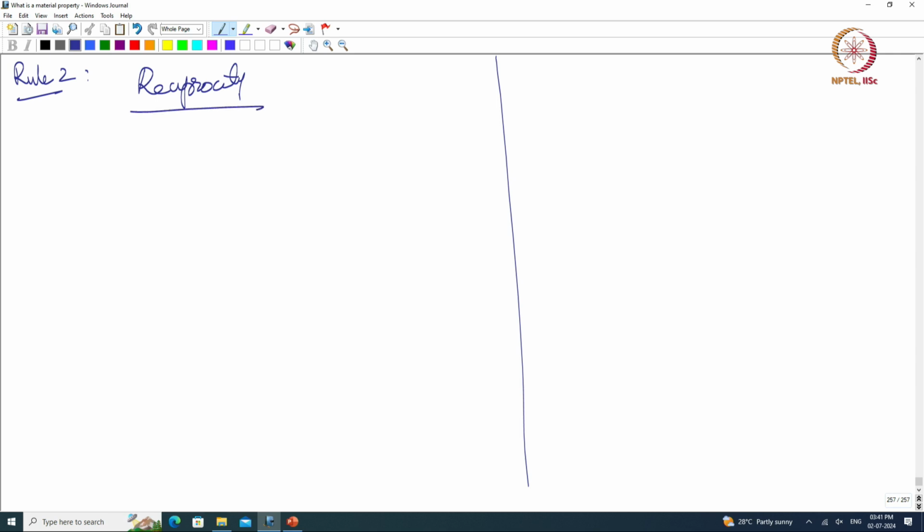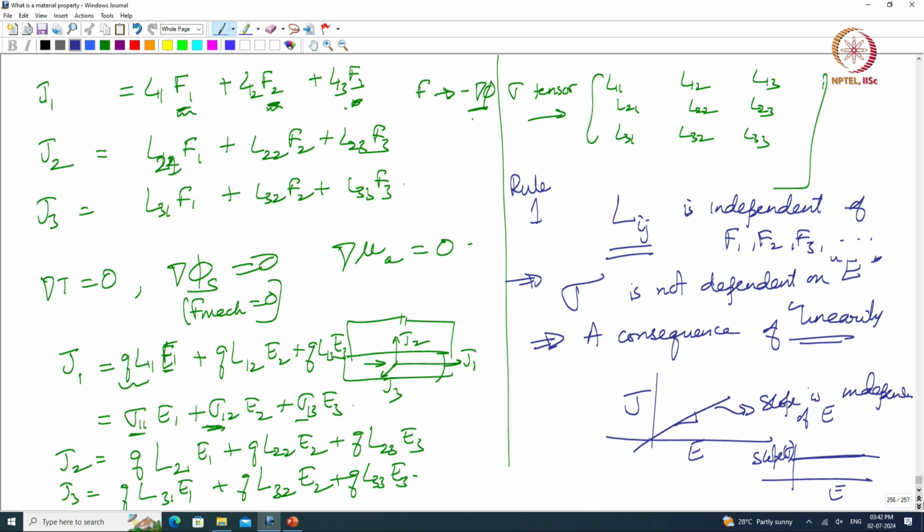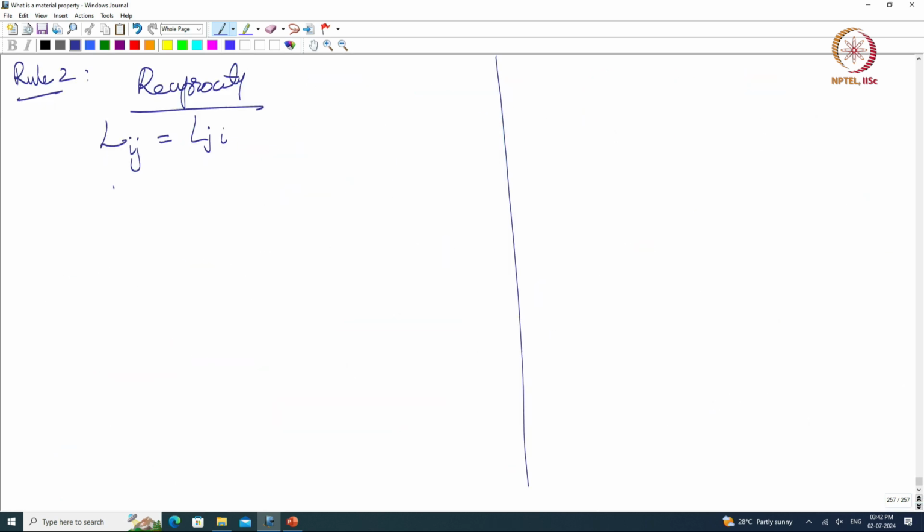Again, I am not going to prove it to you, but all the Onsager coefficients, it does not matter which coefficient it is, have this property that Lij equals Lji. This is exactly why I have been considering all these sigma tensors as symmetric tensors, sigma 1 2 equal to sigma 2 1.